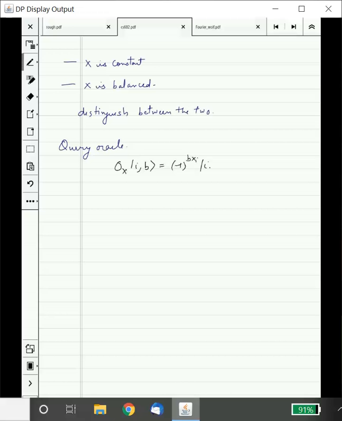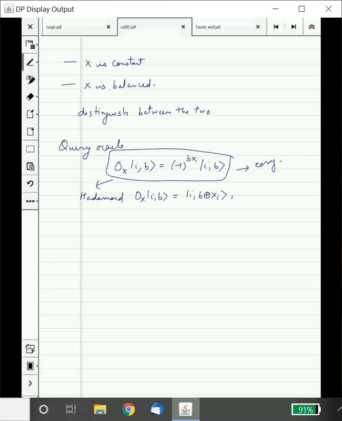Remember, this was obtained by applying Hadamard on the standard query oracle, where the output is computed in the second qubit. These two are the same. We are going to pick this oracle. This will make it easy to describe the Deutsch-Jozsa algorithm.